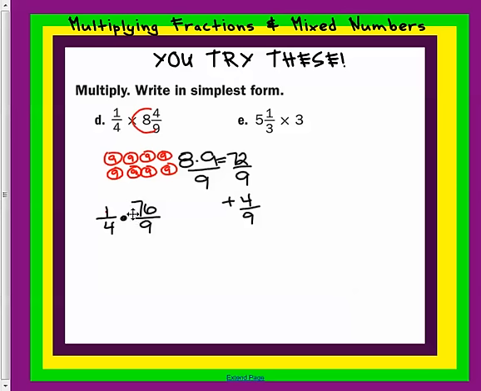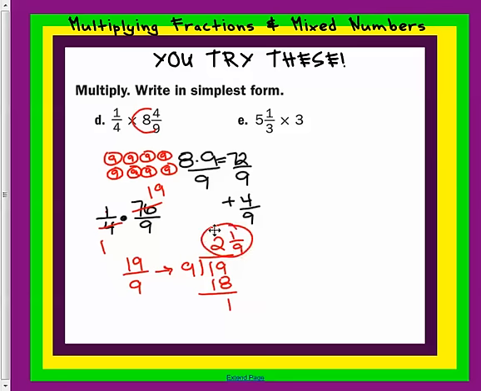So instead, I'm going to divide the 4 and the 76 by 4 to get 19. These are just ones, so 1 times 19 is 19, 1 times 9. Now I can simplify. 9 goes into 19 twice because 2 times 9 is 18, and it's got 1/9 remaining.